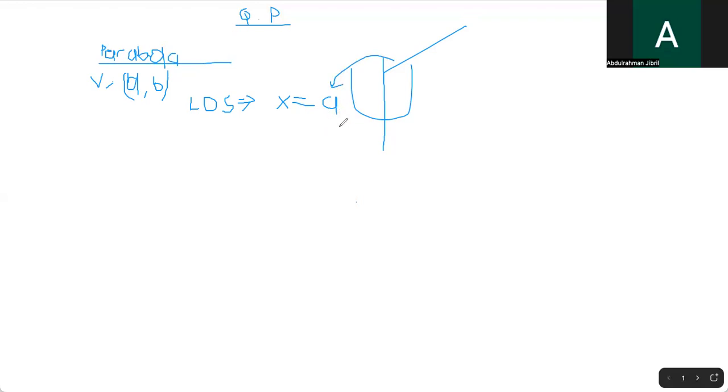Now you might ask, then what is the relevance of the b here? The b here would be our minimum or maximum value of the parabola.